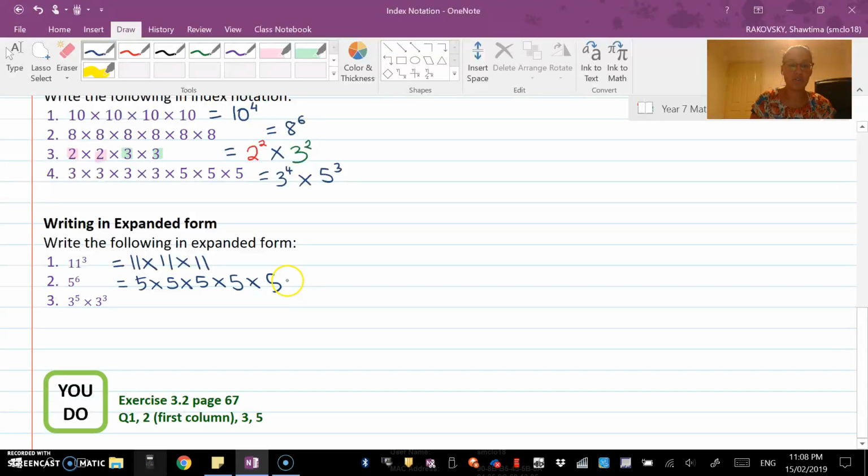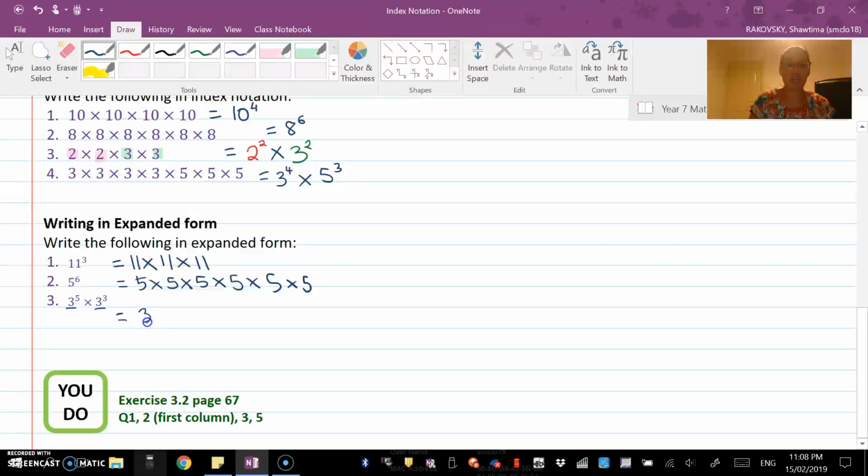6 times. Now this one here, think about it: 3 to the power of 5 will be 3 multiplied by itself 5 times, multiplied by 3 to the power of 3, and so 3 multiplied by itself 3 times. So if we expanded out this one first, then this one, I wonder how many 3s we would have.